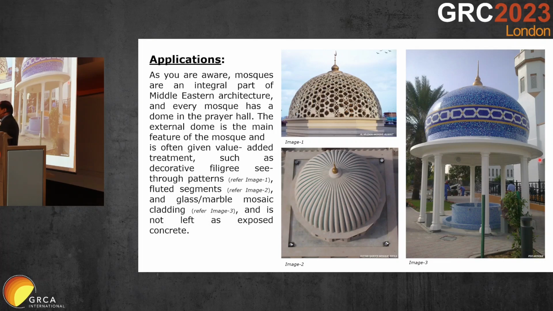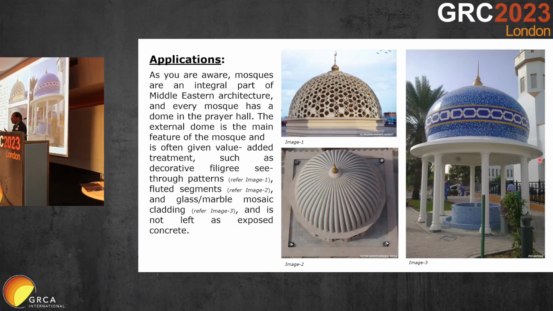Usually it used to be a glass mosaic or a marble mosaic, and we found a different way of doing it. So these are 4 different ways. The one on the left side is in Bahrain, and the other ones are in Muscat.